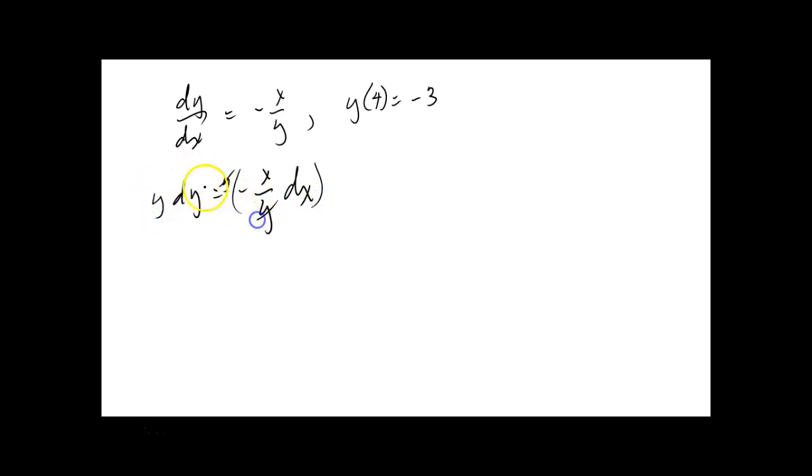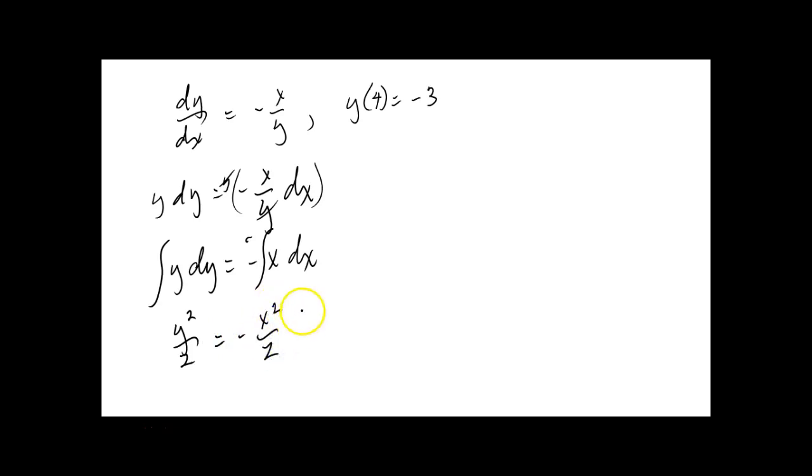Now you have y dy is equal to minus x dx. So, let's integrate both sides. I'm going to bring the minus sign out front, and this will be y squared over 2 is equal to minus x squared over 2 plus some constant c.